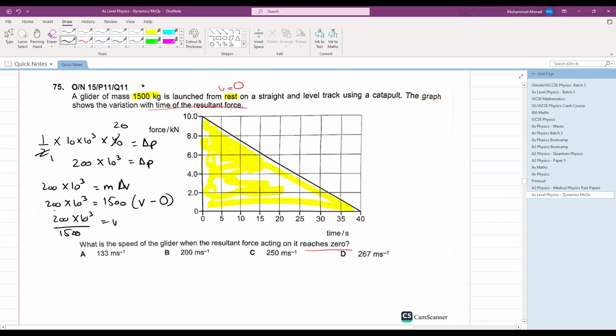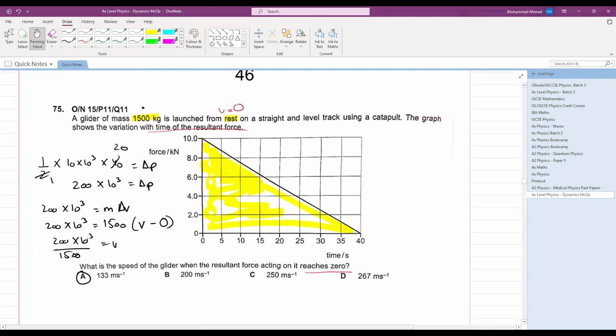Let's calculate that. This gives you an answer of what? 133 m s^-1 is your velocity. The answer to 46 is A. And you can check it on the marking scheme as well.